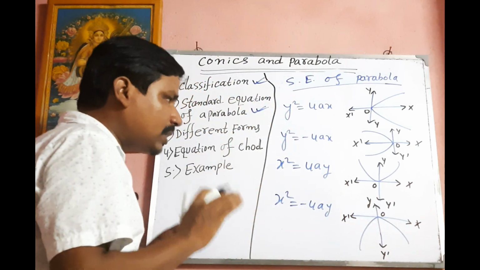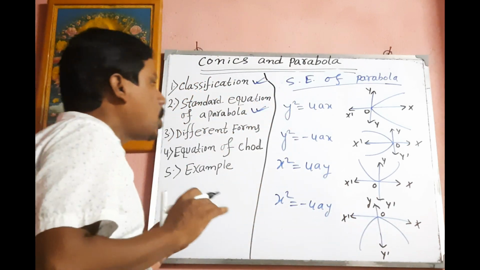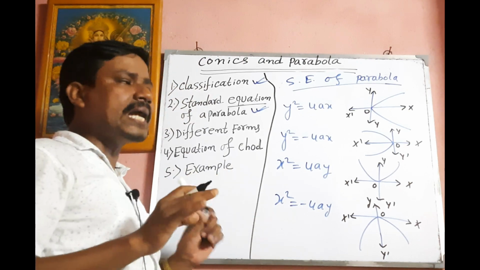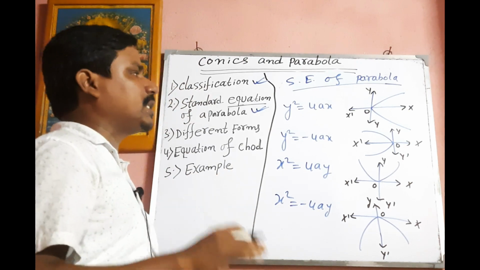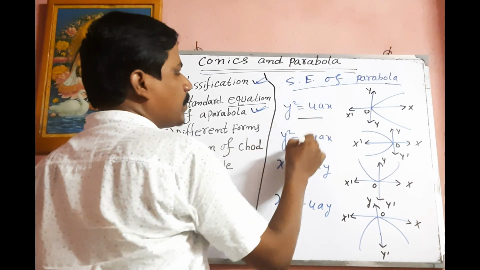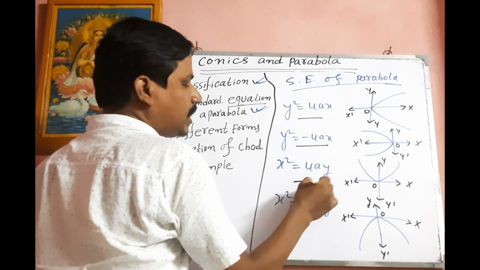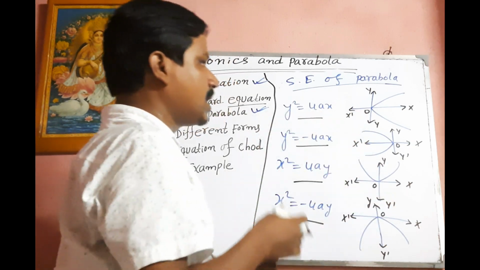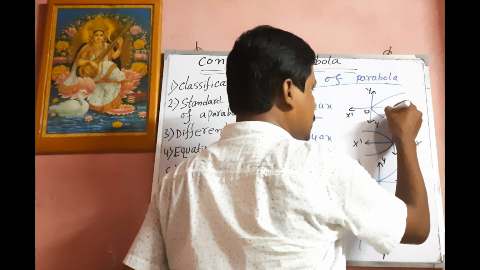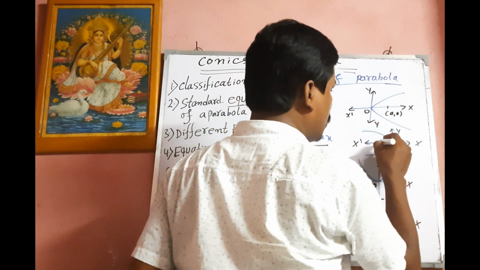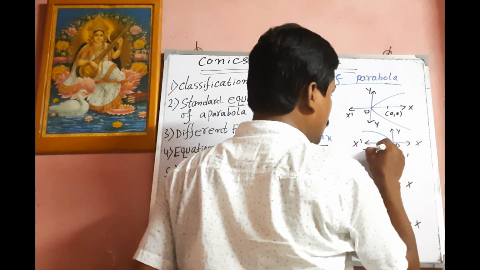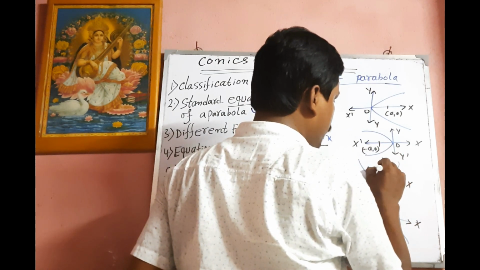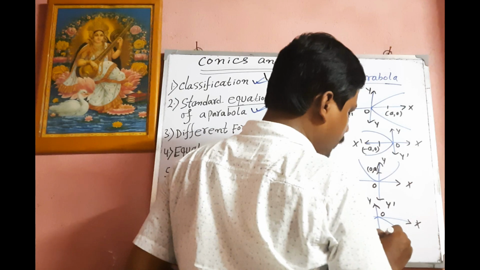So the main part of the parabola, we can see there are 4 types of standard parabolic equation: first type, second type, third type, and fourth type. And the associated figure is there. This is a comma 0, this is minus a comma 0, and this is 0 comma a.